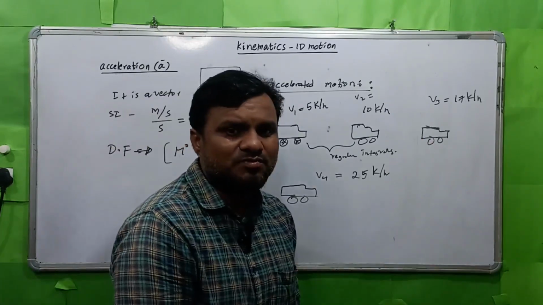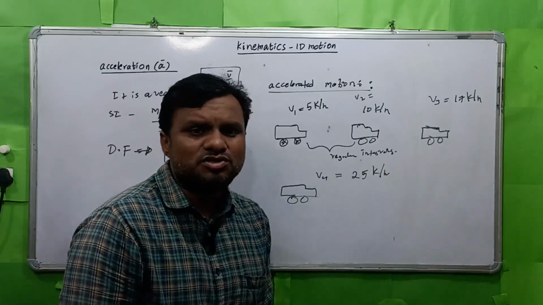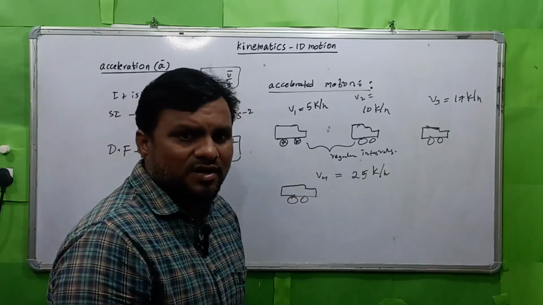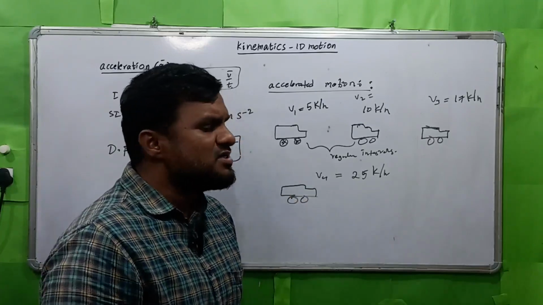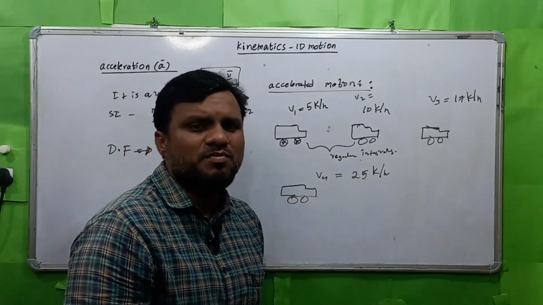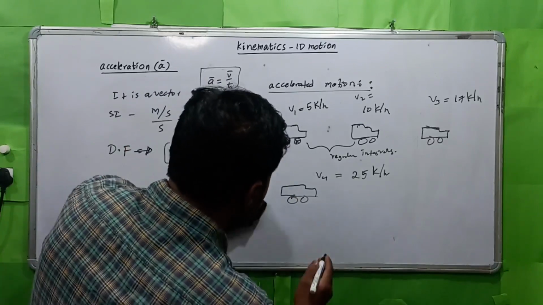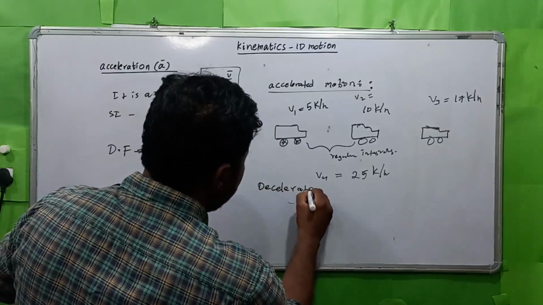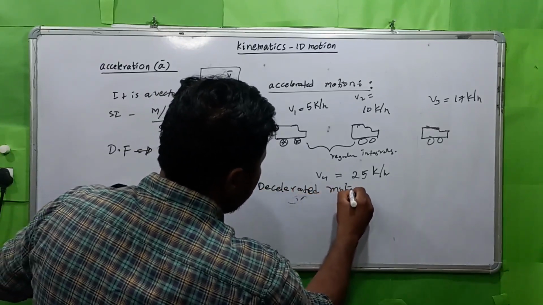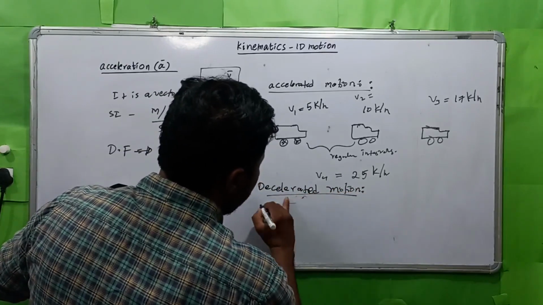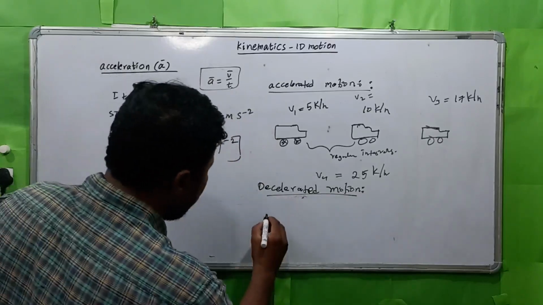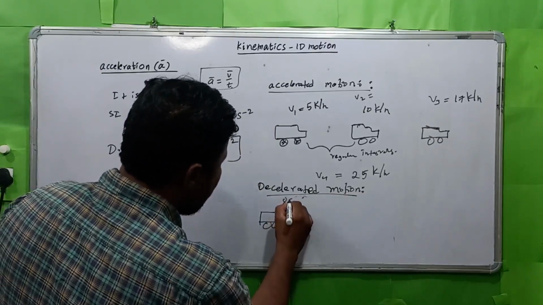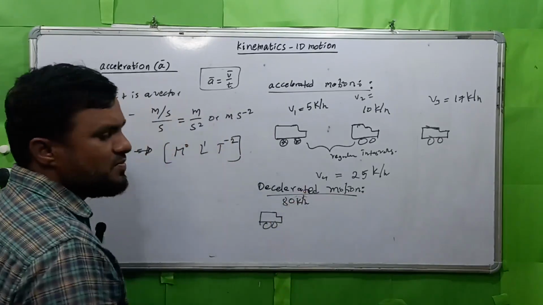This is accelerated motion. And what is decelerated motion? Decelerated motion is nothing but the opposite of this. To understand decelerated motion, initially your car is moving with 80 kilometer per hour.